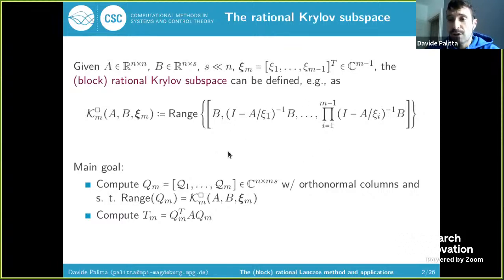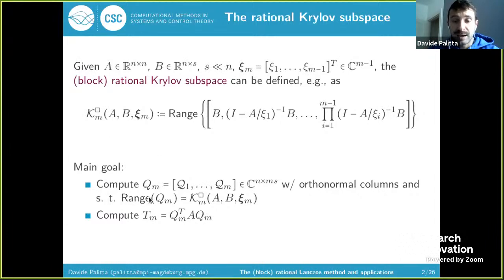It has been shown that the rational Krylov subspace is a very effective tool for many different tasks. But whatever we need to do, we almost always need two ingredients.